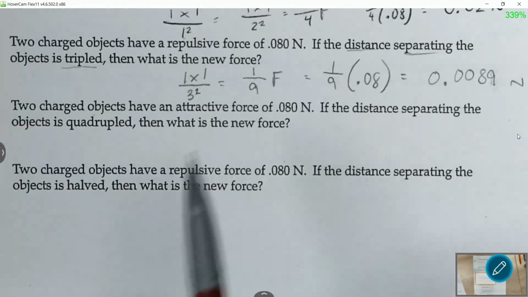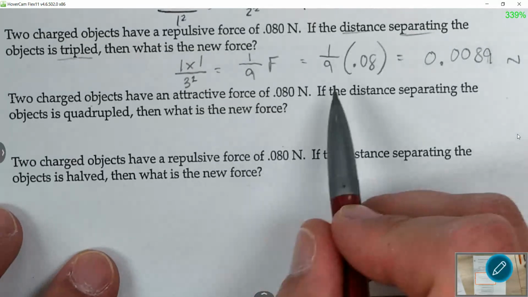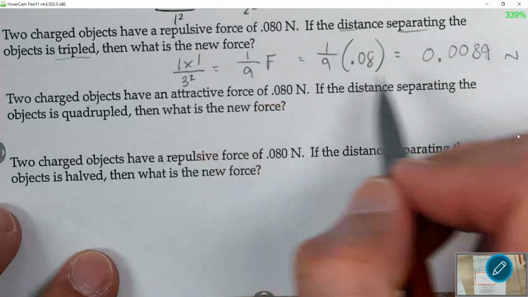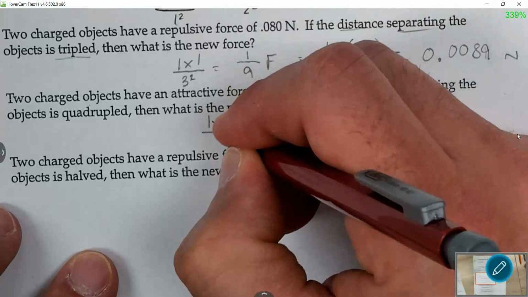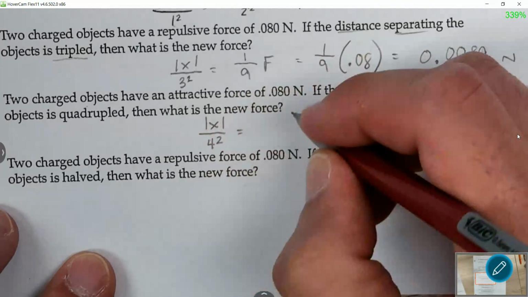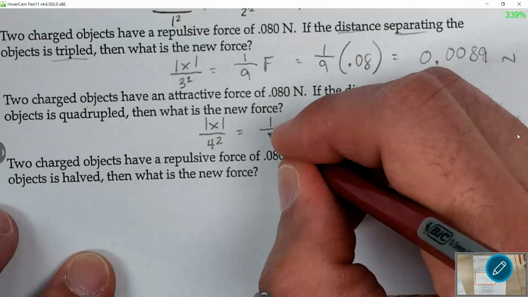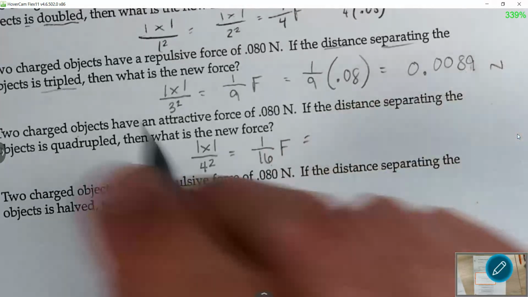The next one, distance is quadrupled. What does quadrupled mean, y'all? 4, right? Anything happen with a charge? No, they didn't say anything about the charges. So 1 times 1 on top. Distance is now 4. What's 4 squared? Anybody? 16. So we'd be at 1/16 the force.